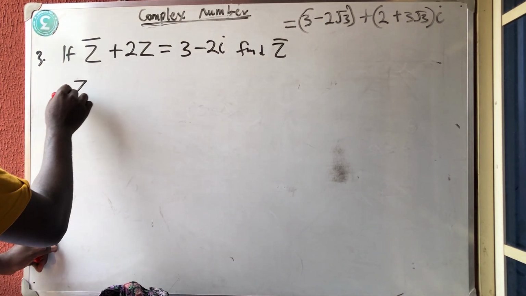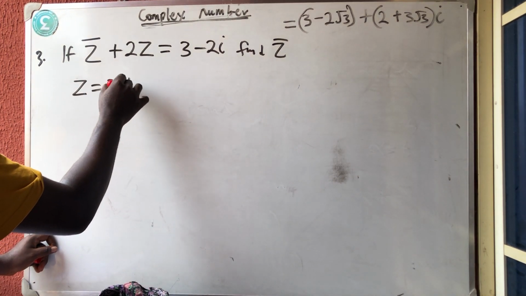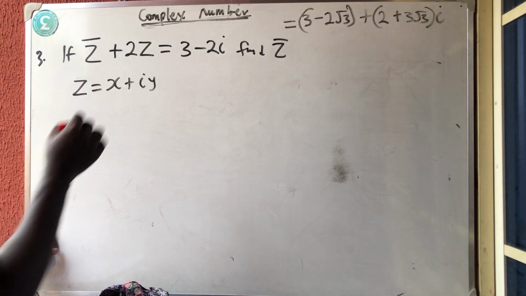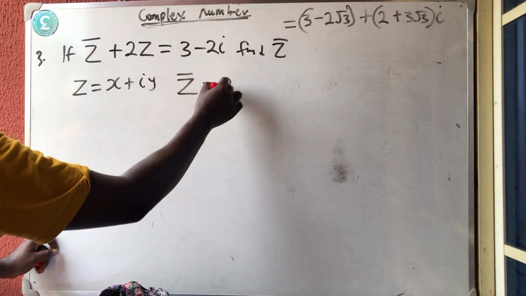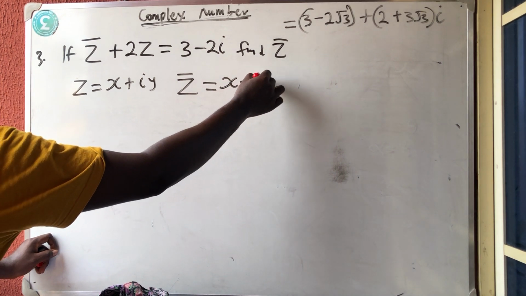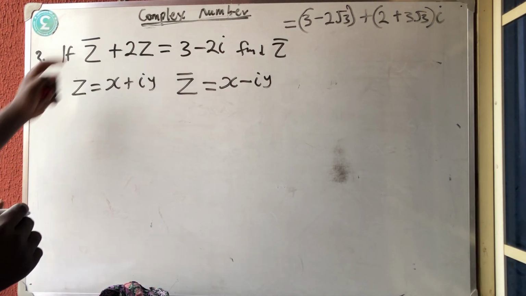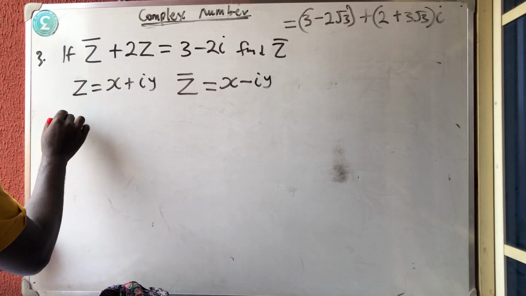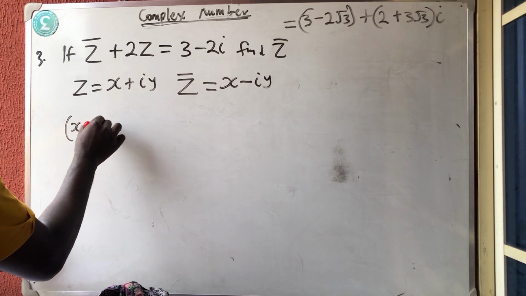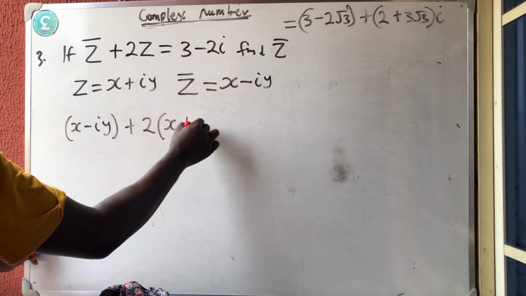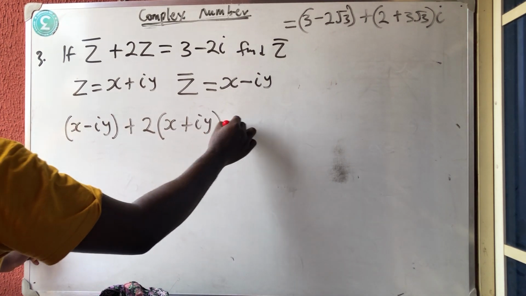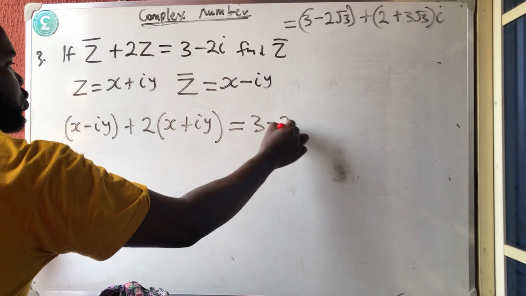We know that normally the complex number z is equal to what? x plus iy or yi. Then z bar is the conjugate, so change it to minus, which is x minus iy. So let us put it in this equation. x minus iy plus 2 brackets x plus iy is equal to 3 minus 2i.